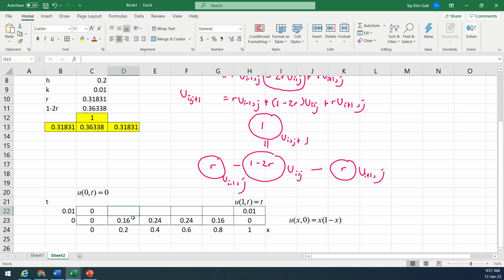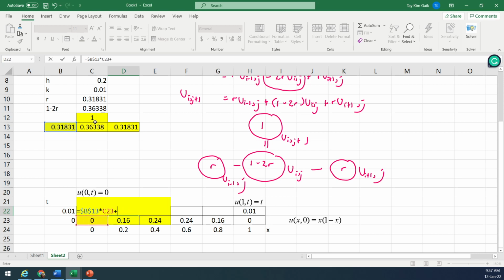So you just need to find level 1 using the explicit molecule like here. The cell that you target takes its coefficients from the molecule. Make sure you make the coefficients constant. The left bottom coefficient multiplied by the left bottom cell, plus the center bottom coefficient multiplied by the center bottom cell in the grid, plus the right bottom coefficient.